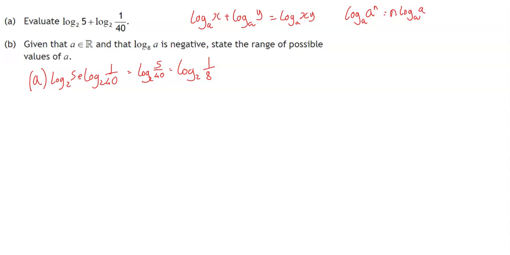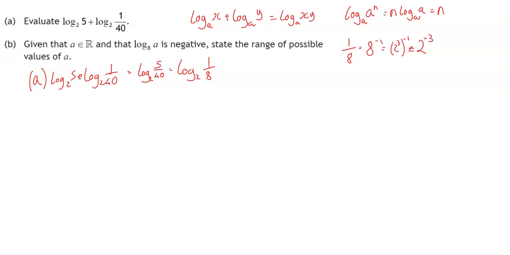Now log to the base a of a is equal to 1, so it just becomes n. So if I can somehow write 1 over 8 in terms of 2 to the power of something, I can use this law. Well, 1 over 8 is the equivalent of 8 to the power of negative 1. Now 8 we know is 2 cubed. So that's 2 cubed to the negative 1, which gives me 2 to the negative 3.